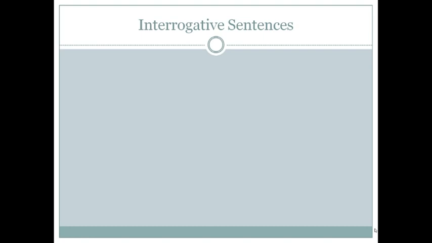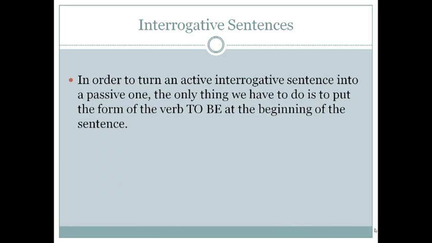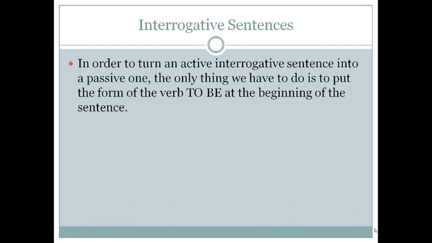Interrogative sentences. In order to turn an interrogative sentence into a passive one, the only thing we have to do is to put the form of the verb to be at the beginning of the sentence.